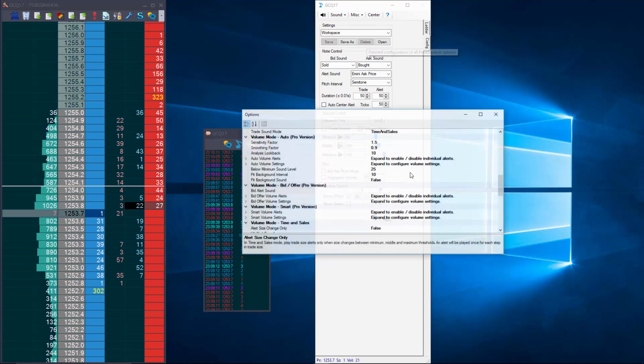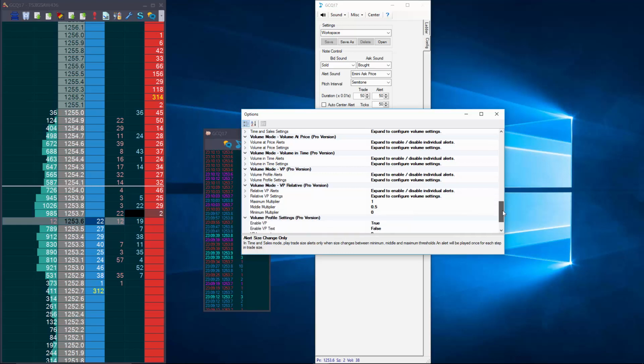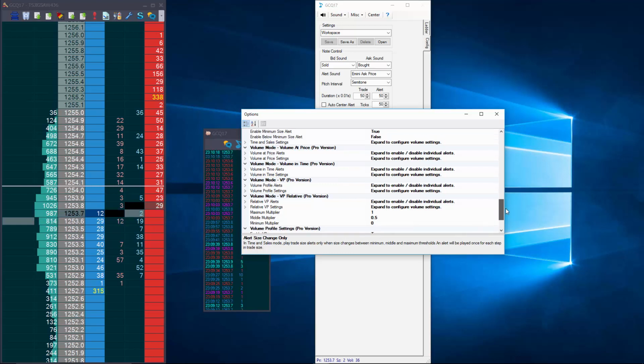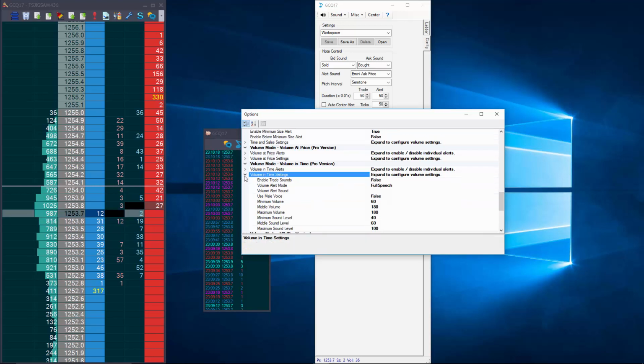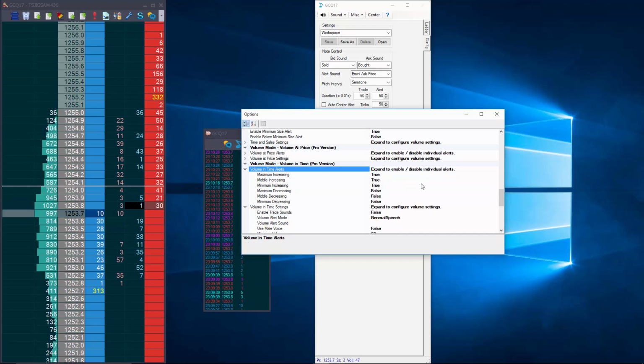Okay, so you can actually configure it to announce the number of contracts traded, or we'll just use a more general minimum, maximum announcement.